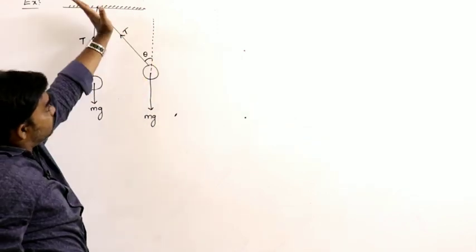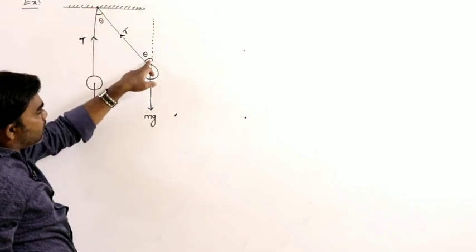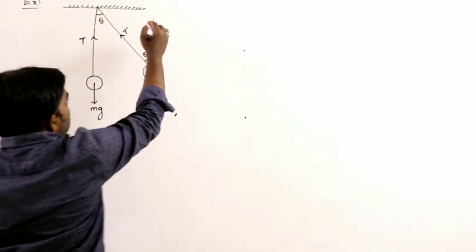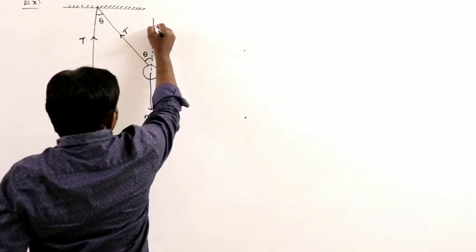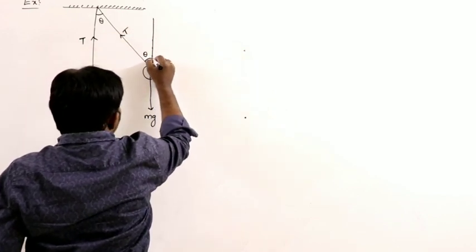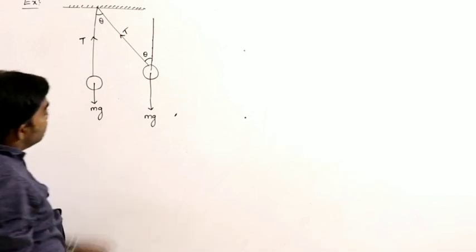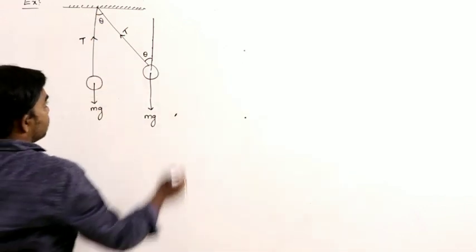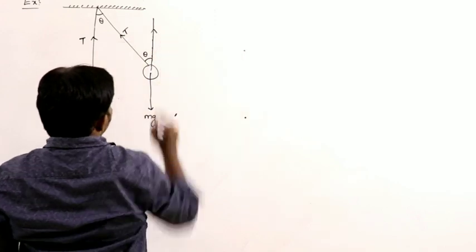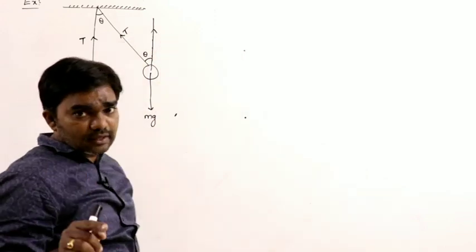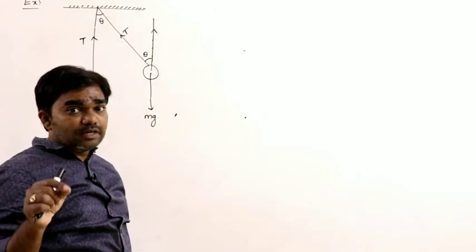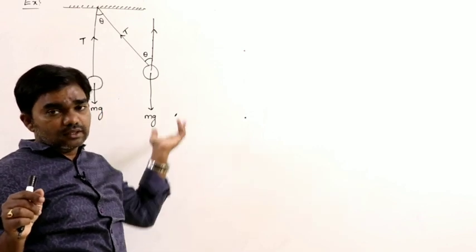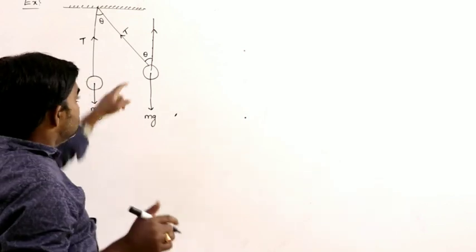This is the vertical direction. Now the tensional force can be divided into two mutually perpendicular components. With what axis does it make an angle theta? That component is the cos theta component.